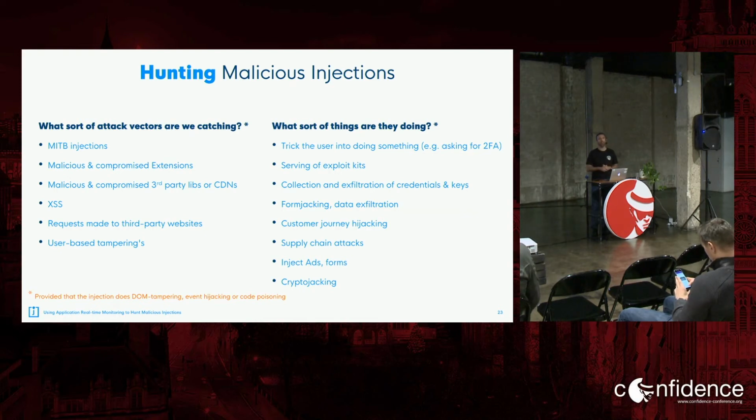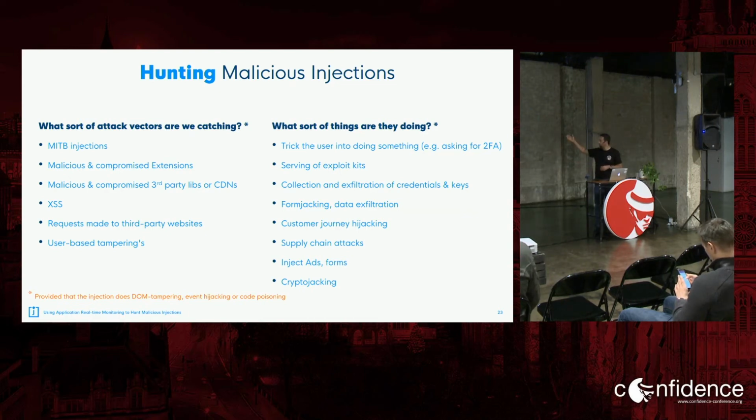XSS as well: if they just manage to modify, inject a script tag, and inject some sort of inline JavaScript, we can catch that. We can see requests going out to third-party websites. And we can also detect if the user is doing the tampering himself, like opening the Chrome DevTools and just modifying the DOM and running stuff that modifies the DOM. We can also catch that.